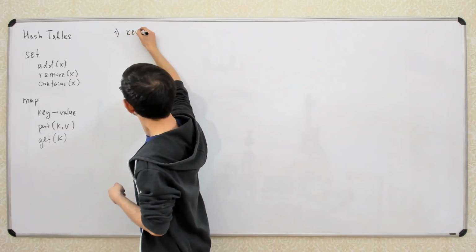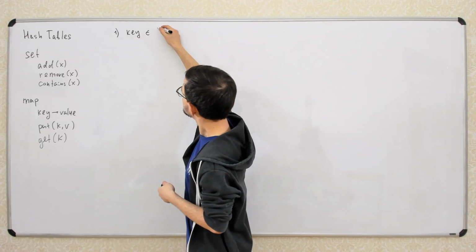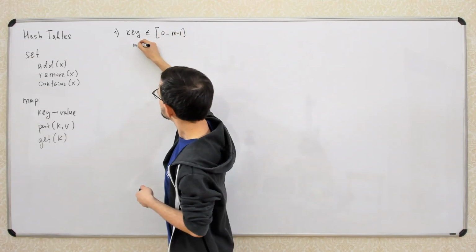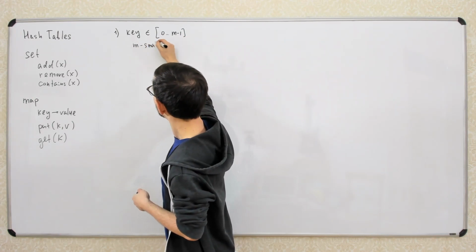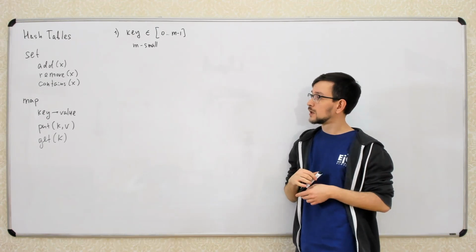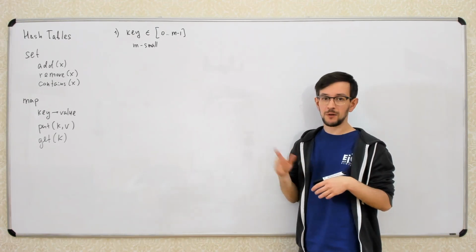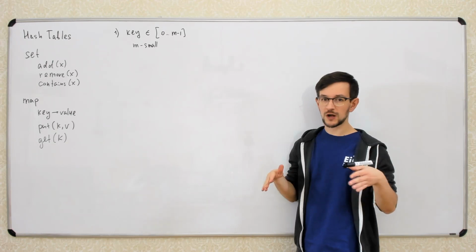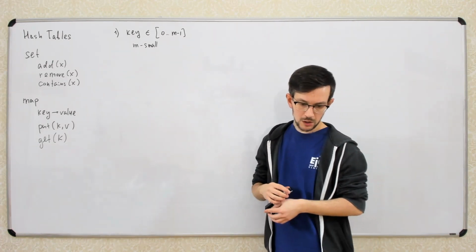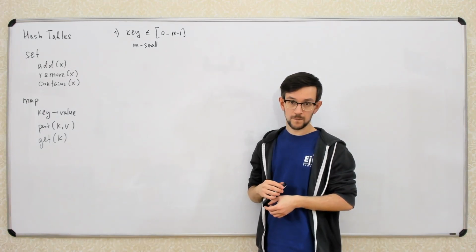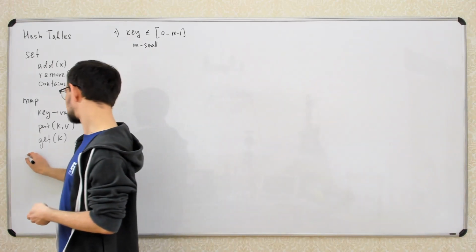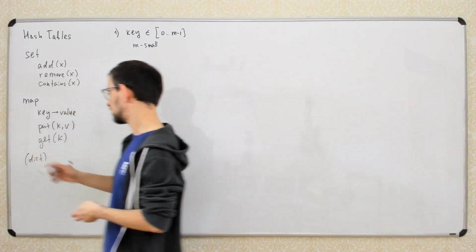So if the key is a small integer from 0 to m-1, and m is just some small integer, how do you implement, for example, a map from small integers to some objects? This is called a dictionary in Python, for example. It's the same data structure.